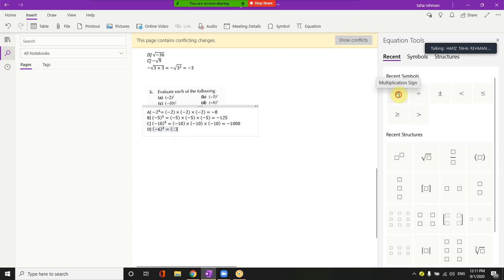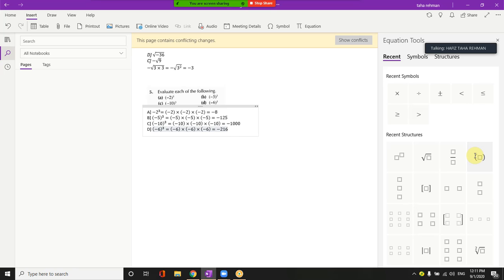It means we can write it like this: -6 multiply by -6 multiply by -6. And what would be the answer? Positive or negative? Because we have three negative signs. Very good. -216. Got it? Minus 216.